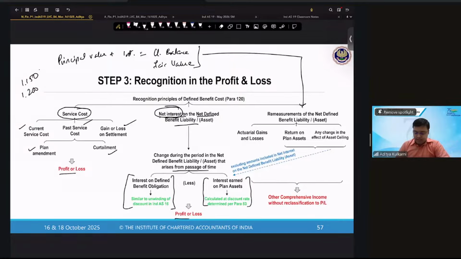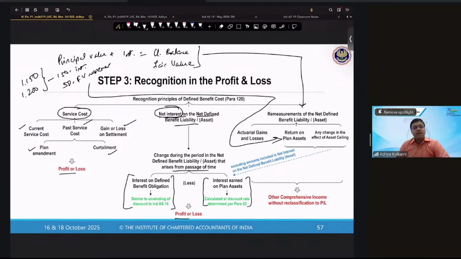One return is 150 interest and 50 rupees fair value movement. Yes or no? Yes, sir. So this is your return on plan assets. Apart from interest, over and above interest जो मिल रहा है, this is your return on plan assets.